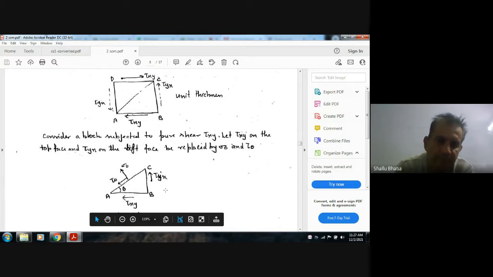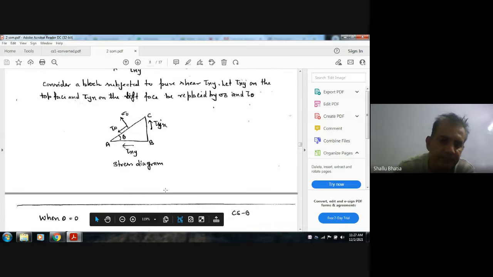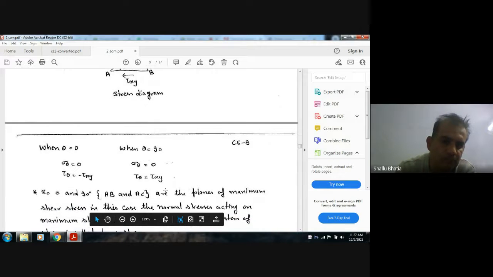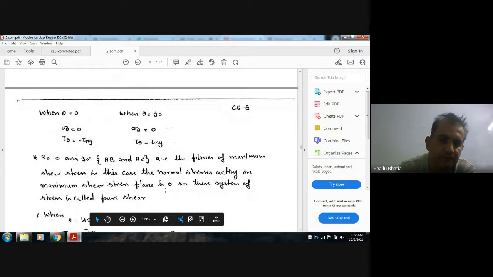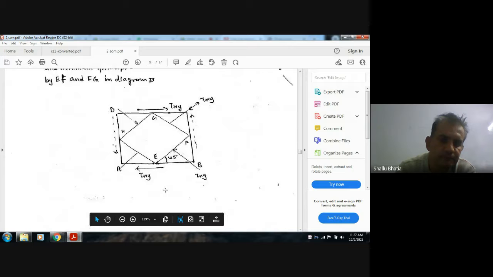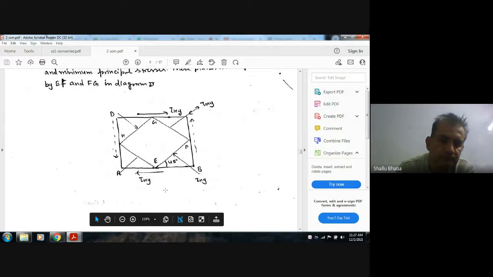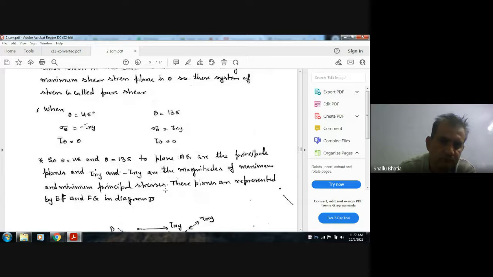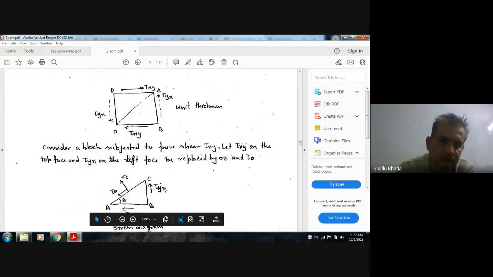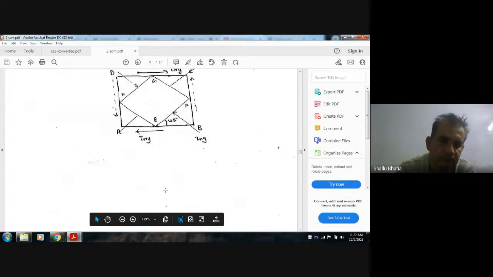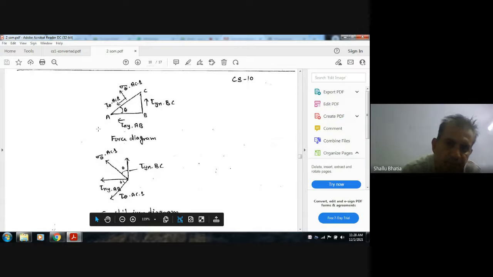Now if we multiply with their respective areas, tau yx BC, tau xy AB, and sigma theta AC1 and tau theta AC1, we can get the force diagram.